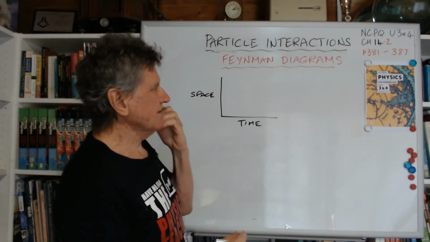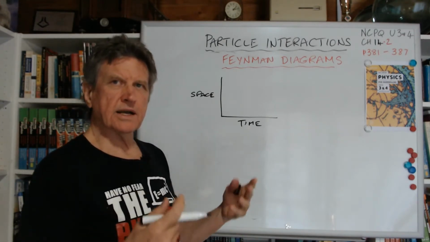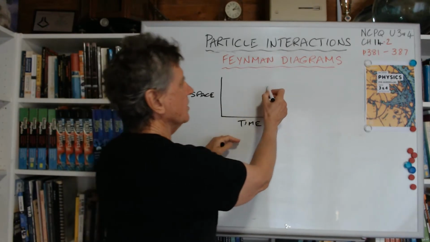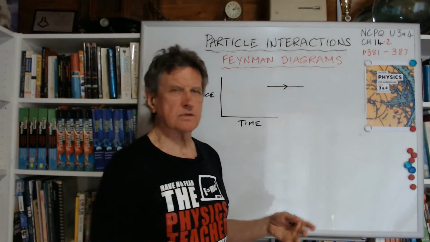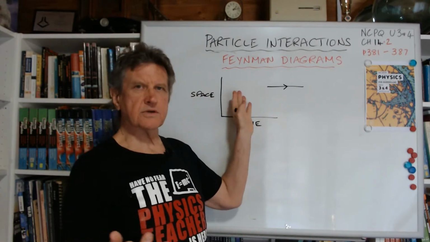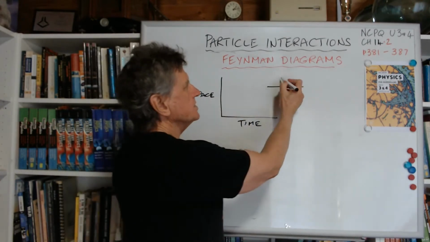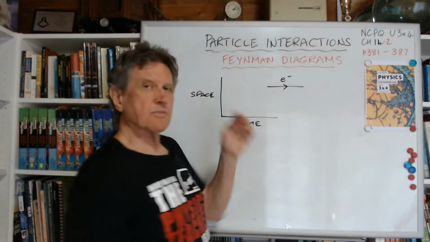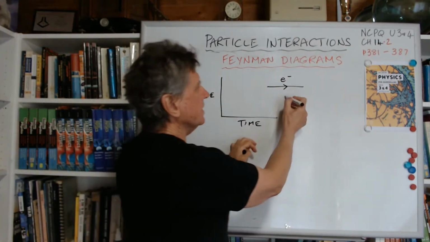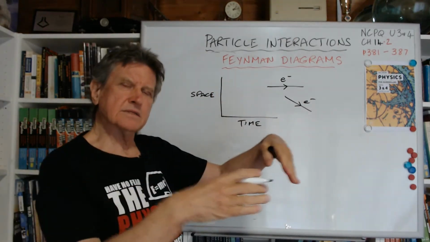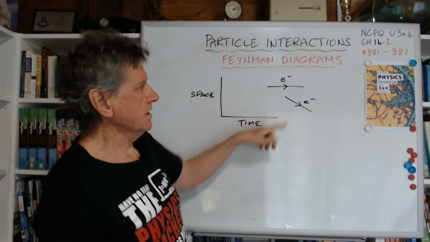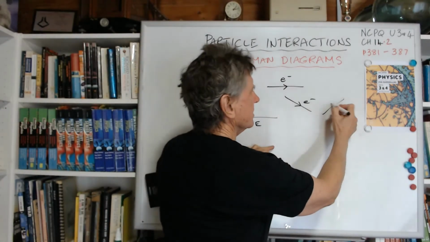The second convention is that you represent particles by a line like that. So for instance, particles such as quarks and leptons can be represented by a straight line like that, and you put the symbol on it. So that could represent an electron. Now it could be at an angle like that, it doesn't matter. If you're trying to show the particles coming together, you might put them at an angle, or you could put them up like that, it doesn't matter.